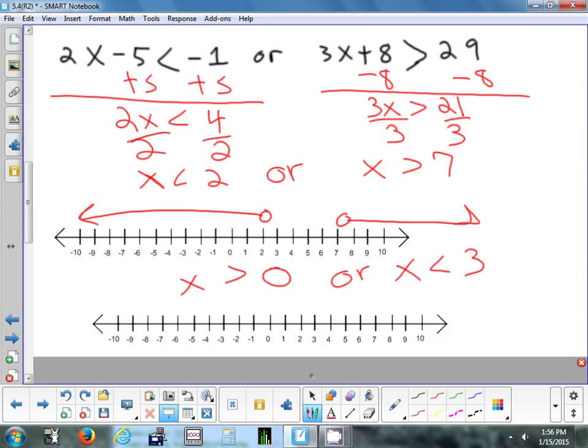They're going to cross each other, right? What do we put in our notes? What do we say when they cross each other? And it's an or. It's all real. So how do I show that? Shade in the whole number line. That's an all real number situation. When they cross each other, it's an or statement, all real numbers.